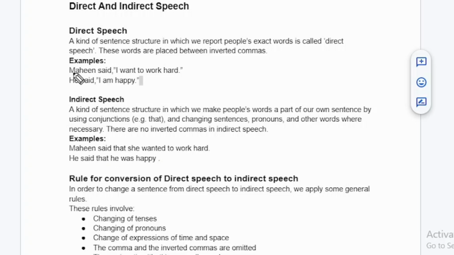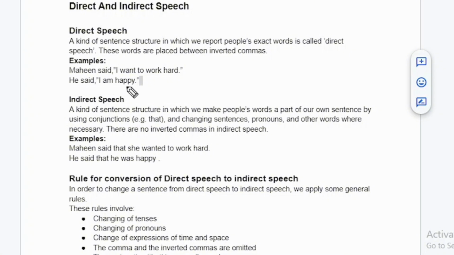First, a person is saying it the direct way: Maheen said, "I want to work hard." And in the indirect expression, we will say Maheen said that she wanted to work hard. He said that he was happy. He said, "I am happy."